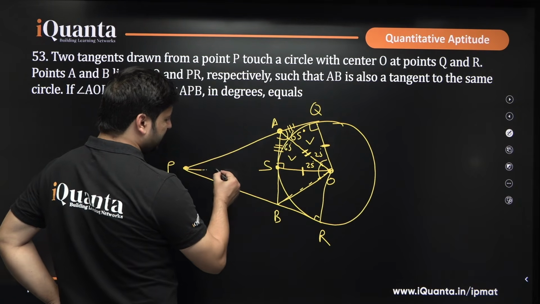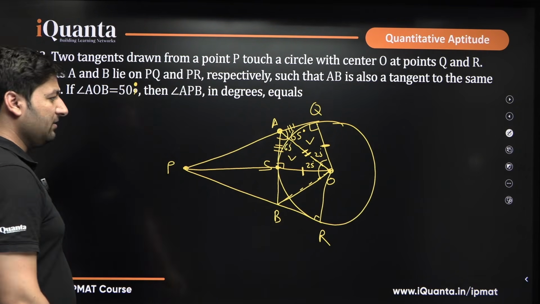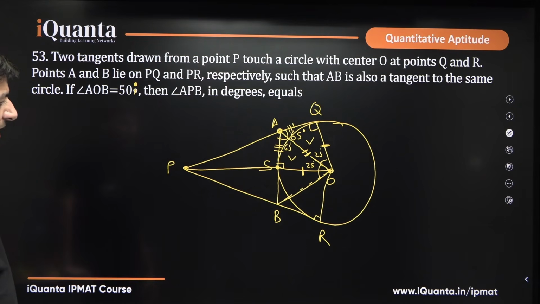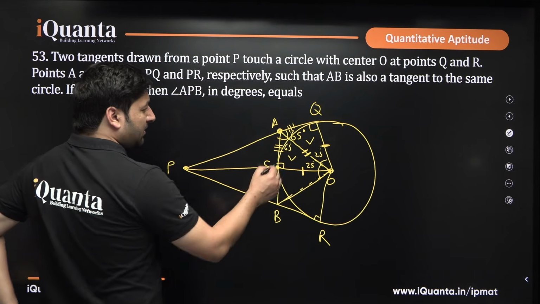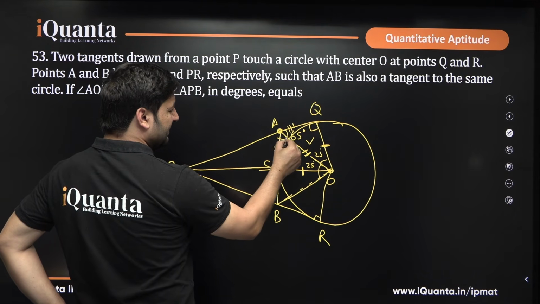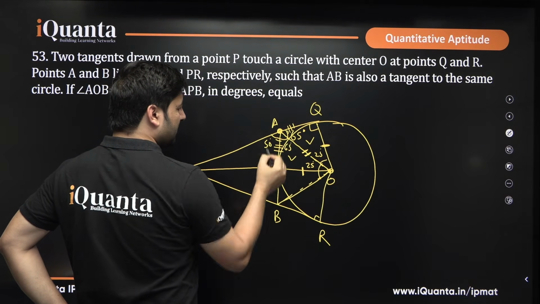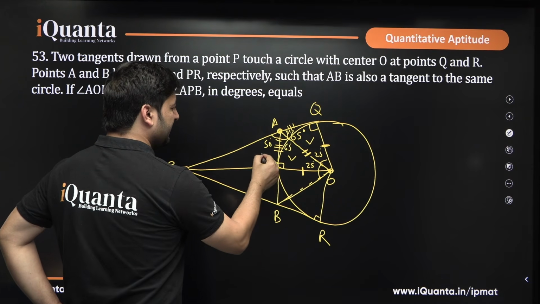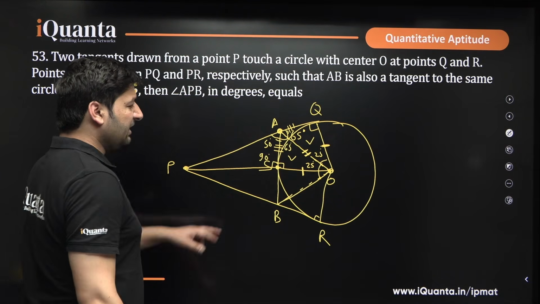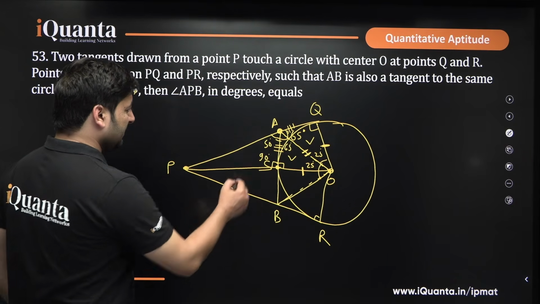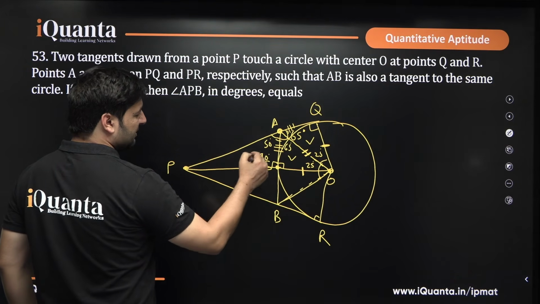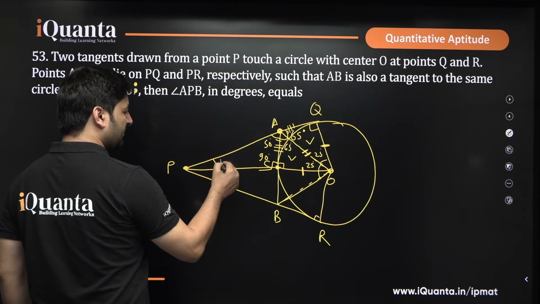Now, suppose I join this, what happens then? You know that this entire angle will be how much? 65, 65, that means this will be 50, right. This is already 90, 90 plus 50 means this is 140. In this particular triangle, the sum of the angles will be 180. So 90, 50, 140, this angle will be 40.